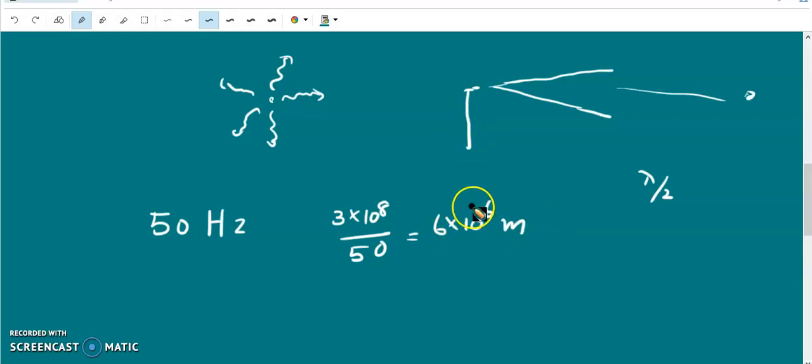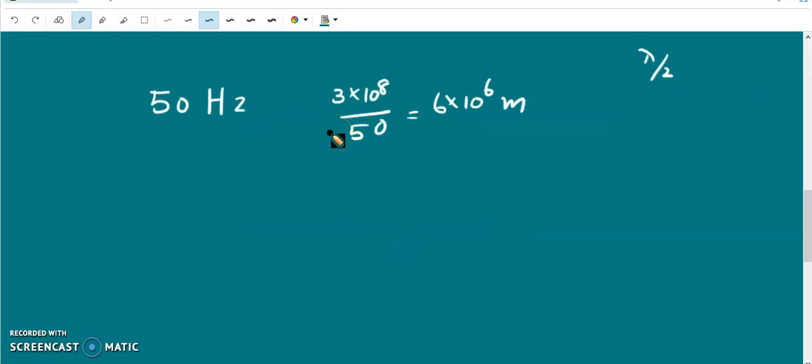So the size of the antenna should be comparable to the wavelength for efficient transmission, and we cannot construct antennas of this height. So for the efficient transmission of power or information signals, we use waveguides.